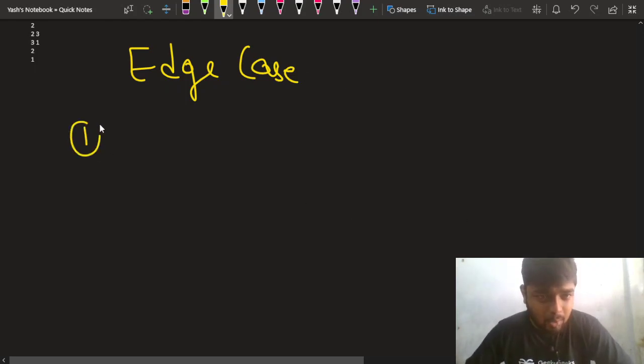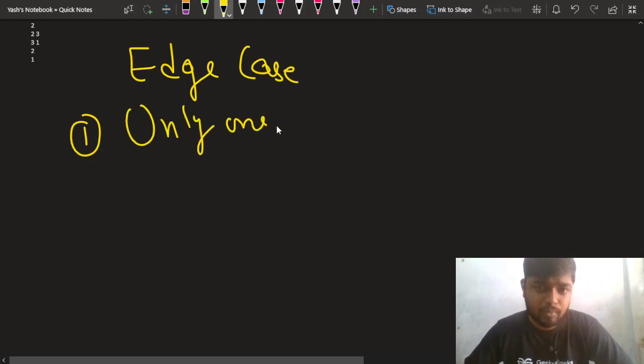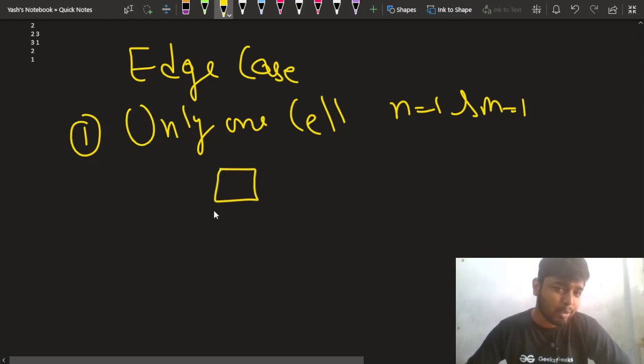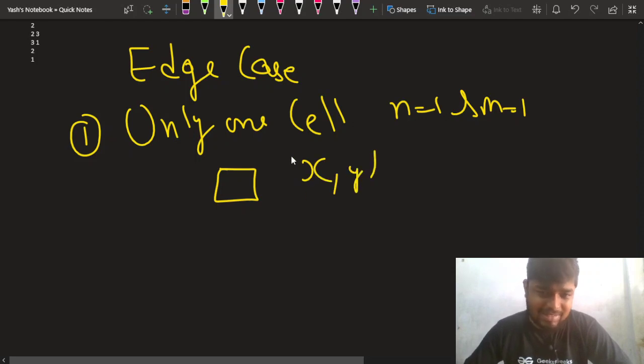One edge case can be that, let's suppose, there is only one cell, that is n is equal to 1 and m is equal to 1, right? So in that case you will have only one cell in the grid, and the computer will be choosing this cell only as x comma y, that is 1 comma 1. We are taking one-based indexing here, notice that.